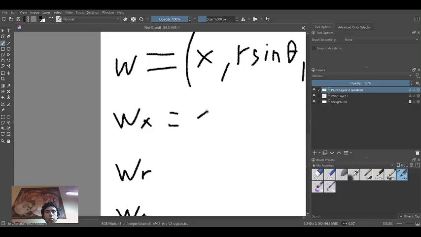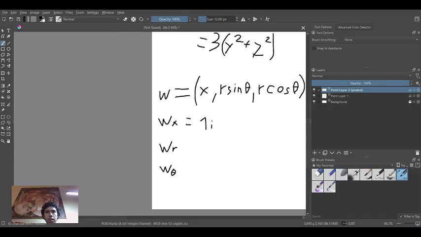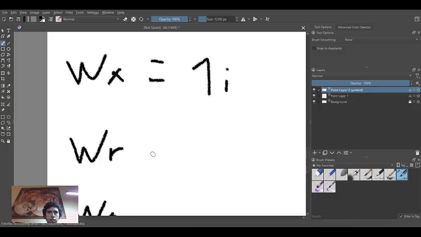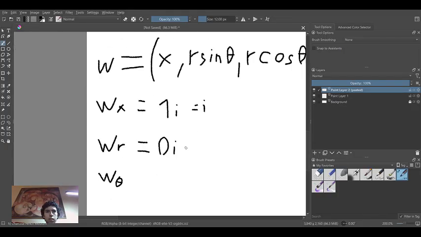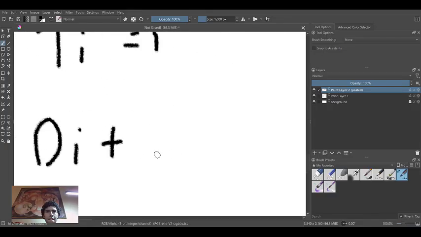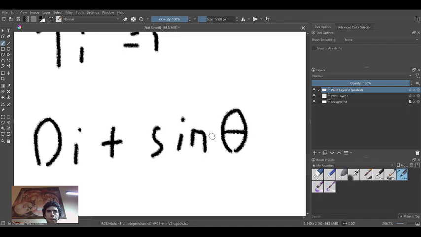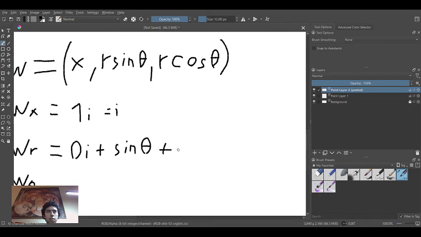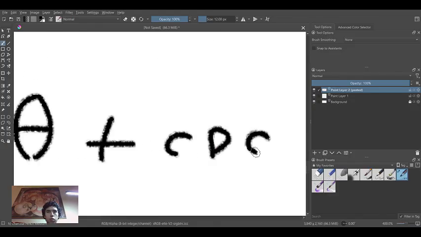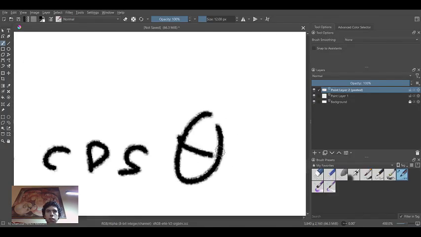So here it's gonna be 1i and nothing here, so just i. For r, it's going to be 0i plus sine theta plus cosine theta.